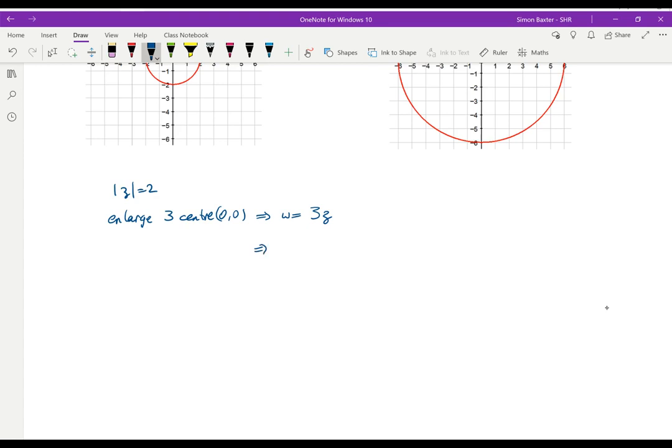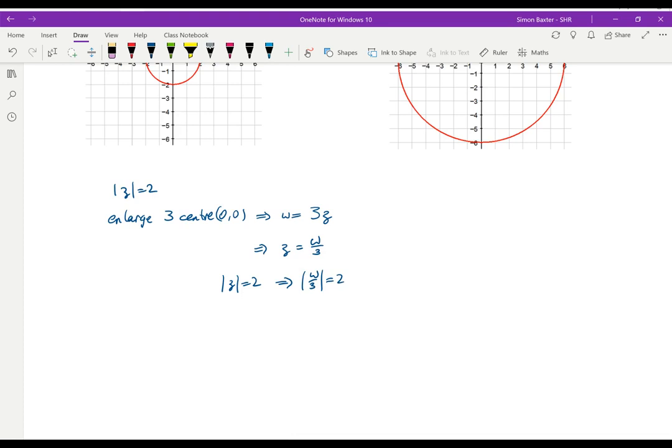This now we rearrange to get z. We know that mod z is equal to 2 to give us the circle in the z-plane, and therefore the image in the w-plane comes from putting w over 3 instead of z.